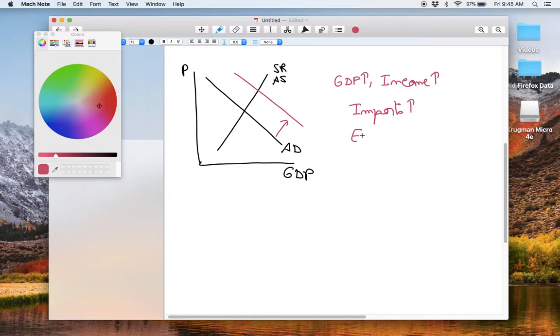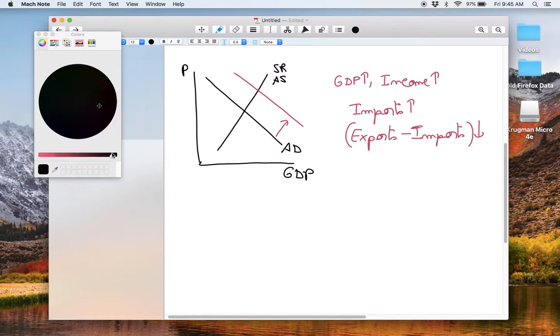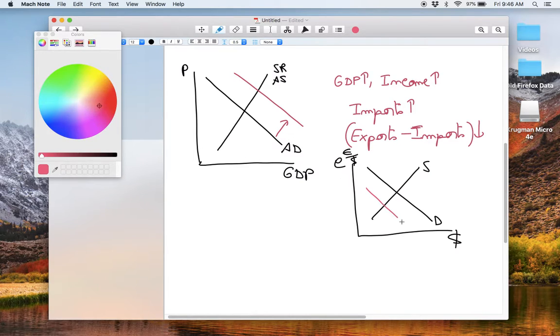That means that whenever the economy grows, net exports fall. And remember, the demand for dollars comes from foreigners demanding American goods or American assets. So if net exports fall, that means that the demand for dollars will fall and the dollar will depreciate.